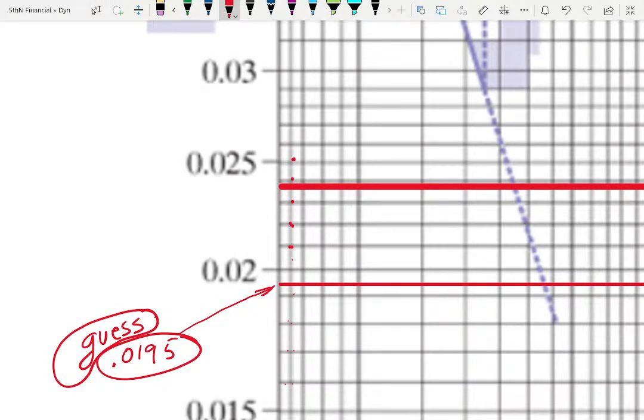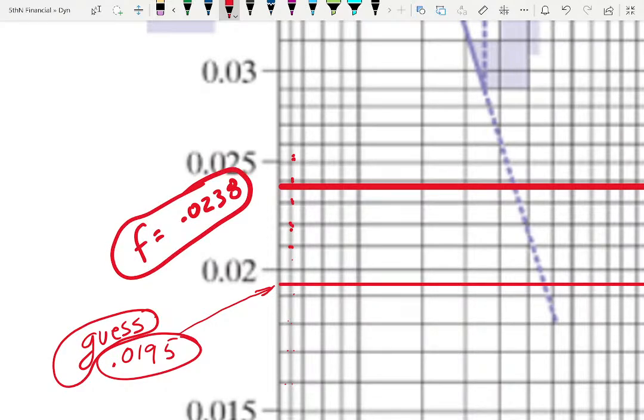On my second run, I can pretty much say 21, 22, 23, 24, 25. How about 0.0238? I don't know that this is that accurate.